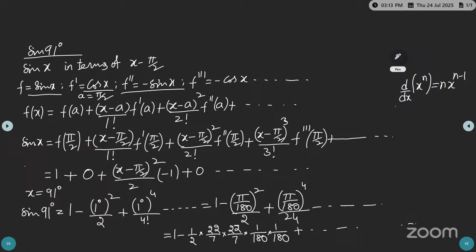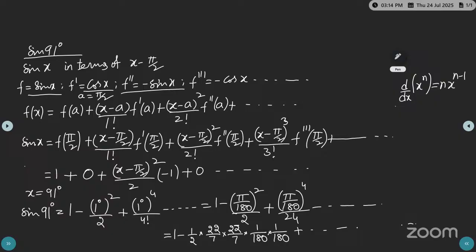Why I have given this? Just to make you aware of converting degrees into radians. 1 degree is pi by 180 radians. Pi is 22 by 7. Just to make you aware of that conversion while calculating the degrees. మనము డిగ్రీస్ యొక్క వాల్యూస్ కనుక్కునేటప్పుడు ఖచ్చితంగా రేడియన్స్ లోకి కన్వర్ట్ చేయాలి. రేడియన్స్ లోకి కన్వర్ట్ చేయకుండా 1 డిగ్రీని 1 గా రాయకూడదు.